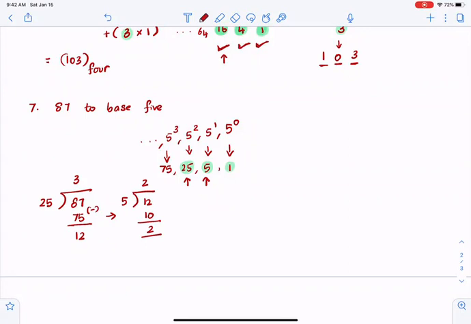And I can't go any further. So what is the answer? Digit in the second position, first position, 0th position. So the number here is 3, 2, 2. So 87 in base 10 is 322 in base 5.